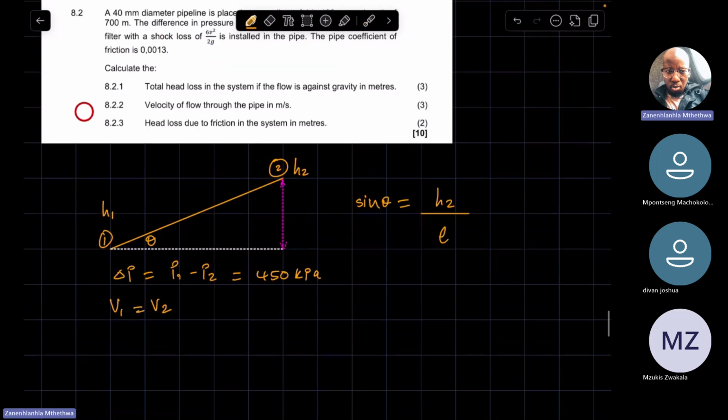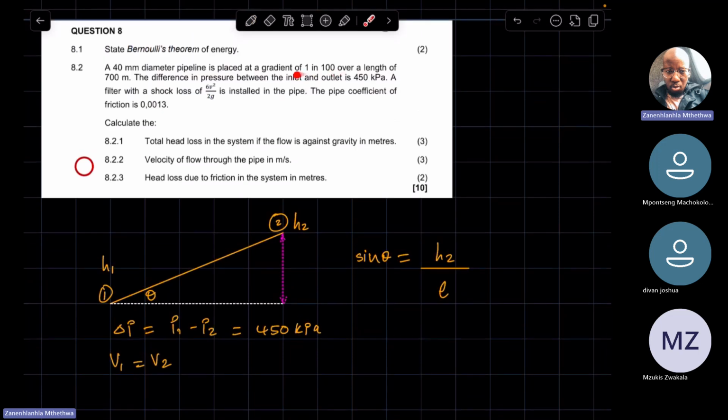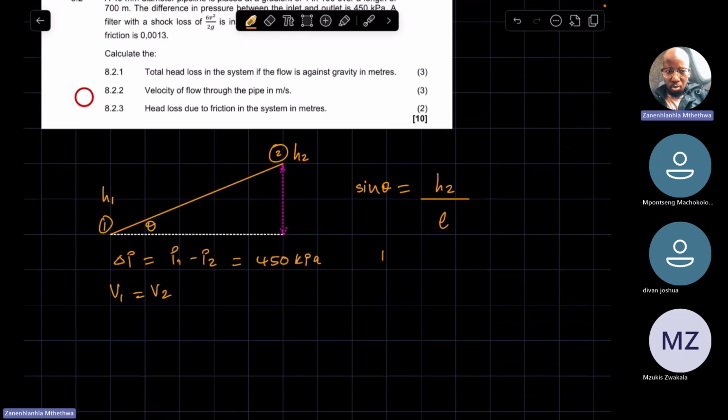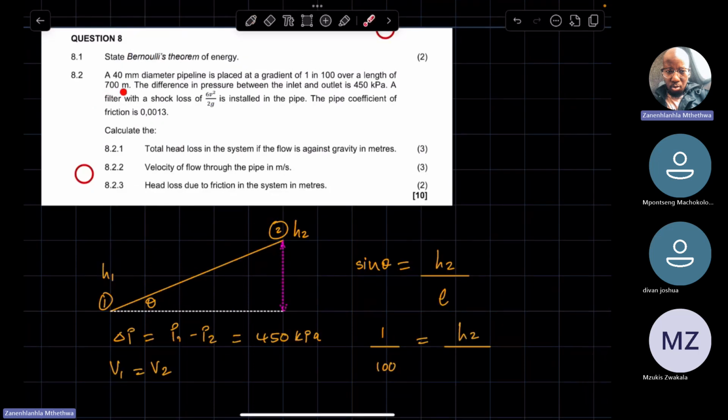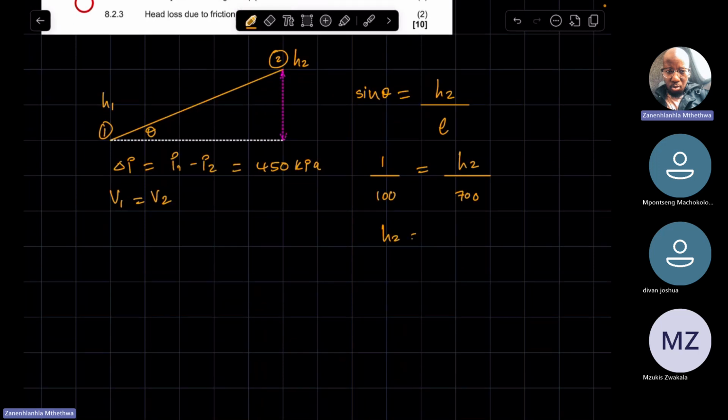So that is to say that we can replace sine theta with the given gradient, which is 1 in 100. So 1 over 100 is equal to H2 divided by the length of the pipe. The length of the pipe is given as 700 meters. So to solve for H2, making H2 the subject of the formula, this would then be equal to 700 divided by 100.